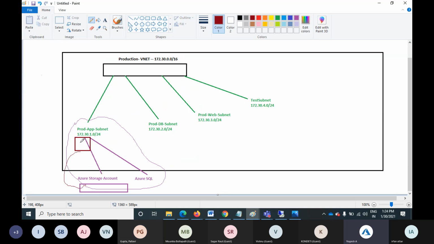Okay, so that machine will not communicate with the storage from the front end, means via internet it will not communicate. It will communicate by using the backend network. Okay, and in such scenarios, you have to configure the endpoints. Means that particular server will communicate with the storage account by using the backend network, backend connectivity.